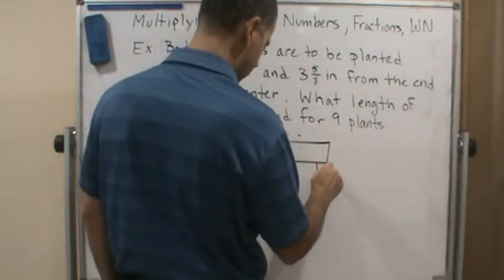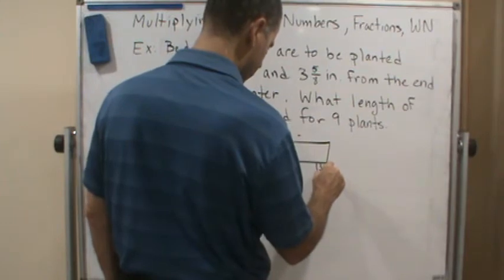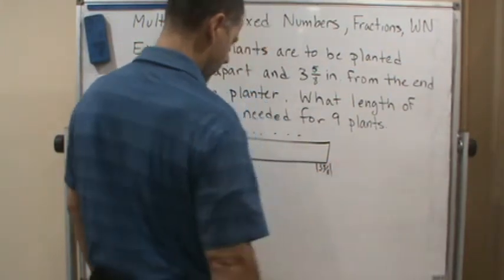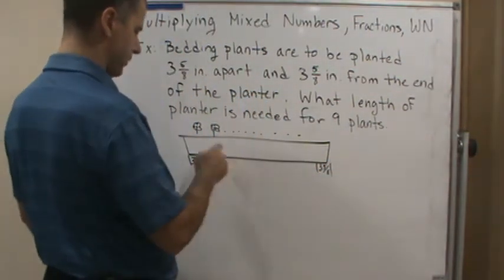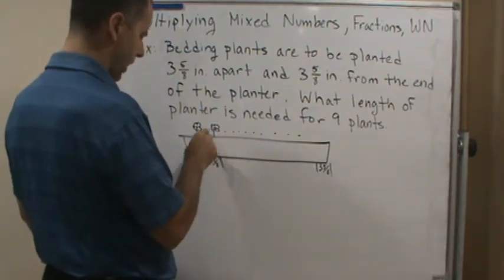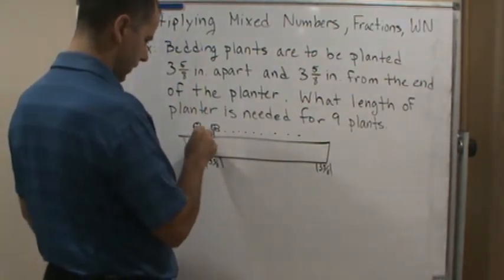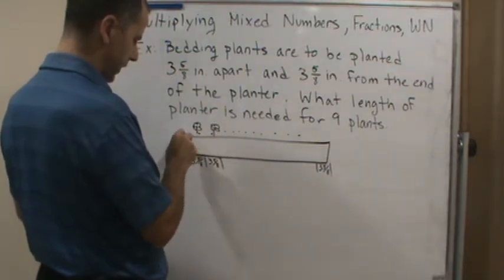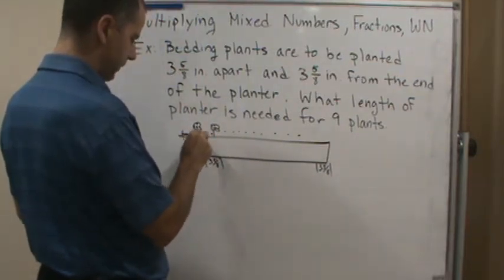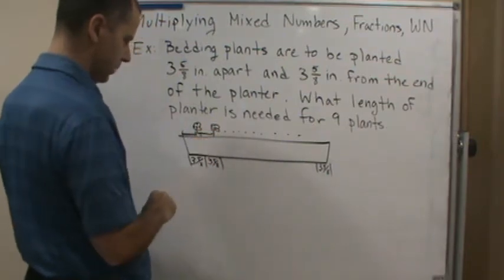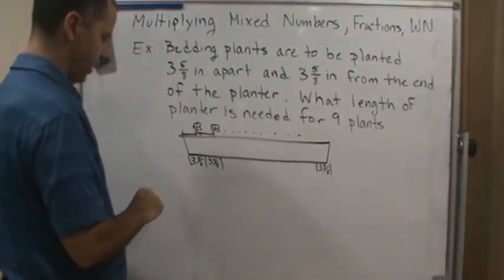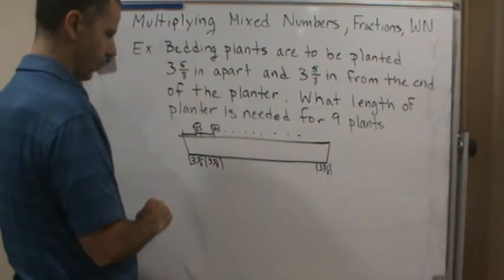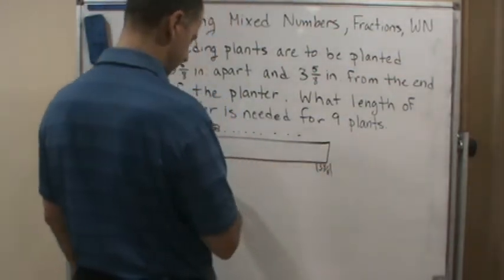So we want 9 flowers that are supposed to be 3 5/8 inches apart from each other and 3 5/8 inches away from the end.